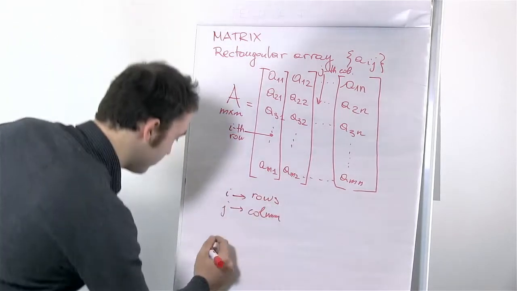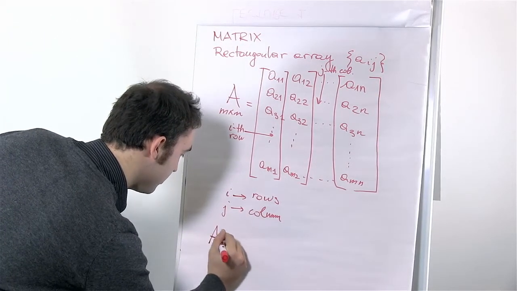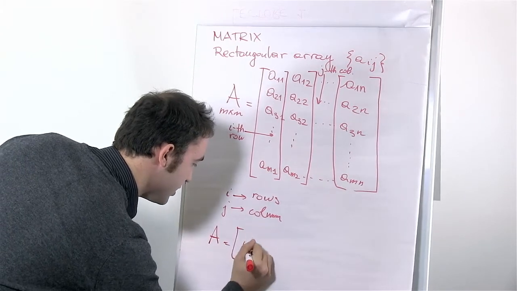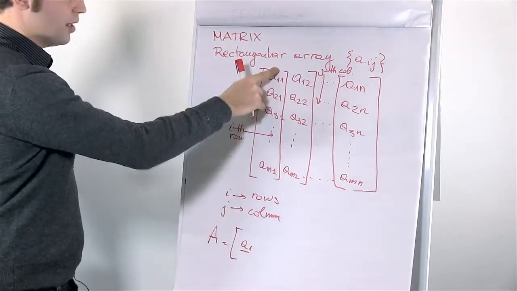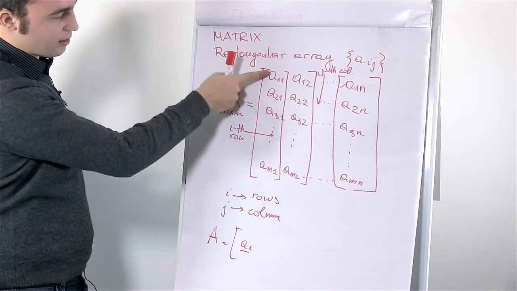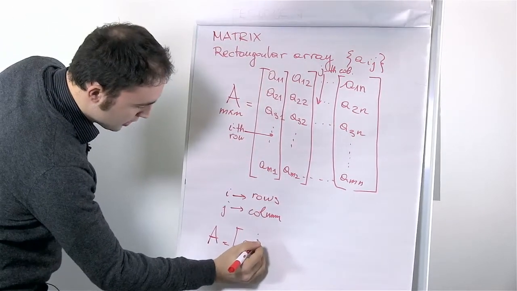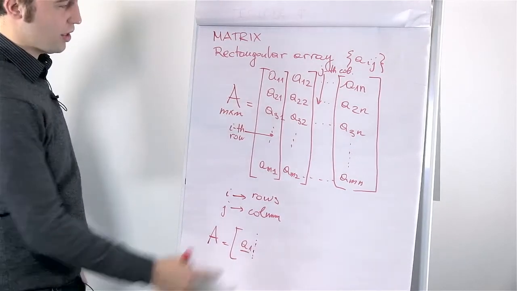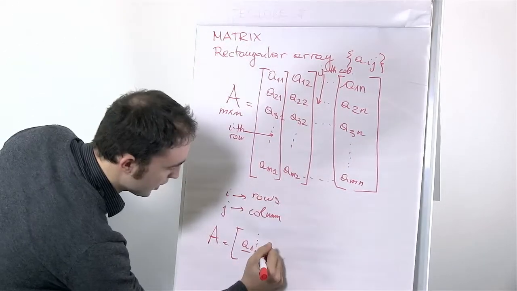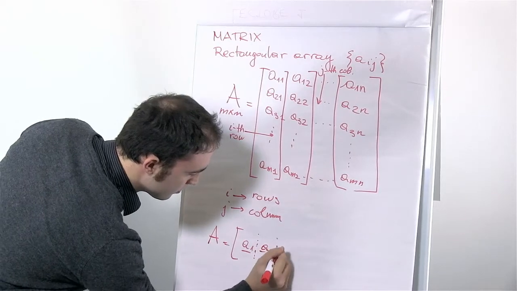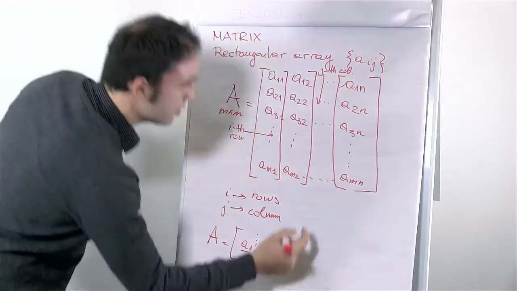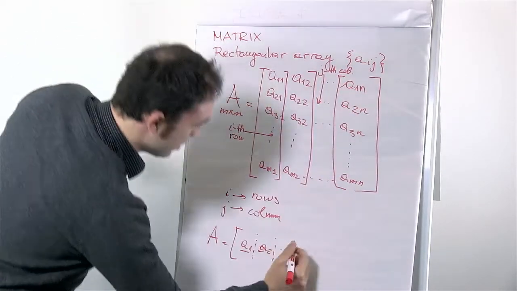For example, A is made of A1, done by these elements, then we attach close to it A2, this vector, etc., till An.